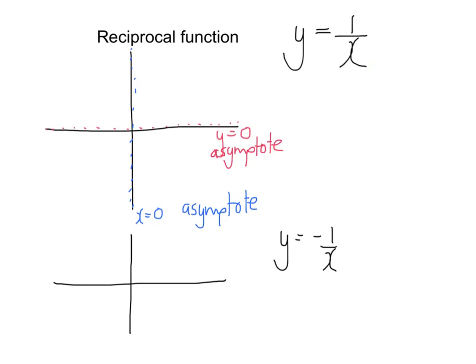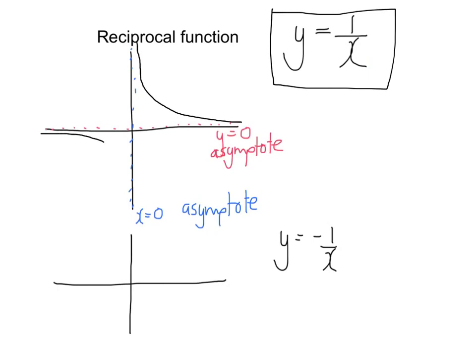So now we're going to look at the reciprocal function, which is this function here, which is a recap from GCSE, and you should know that it has this shape here, and it also has this shape here, where y equals 0 is an asymptote, so this section here never quite touches it, and the same here.